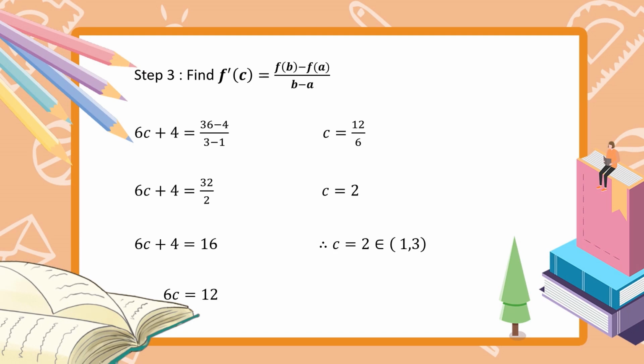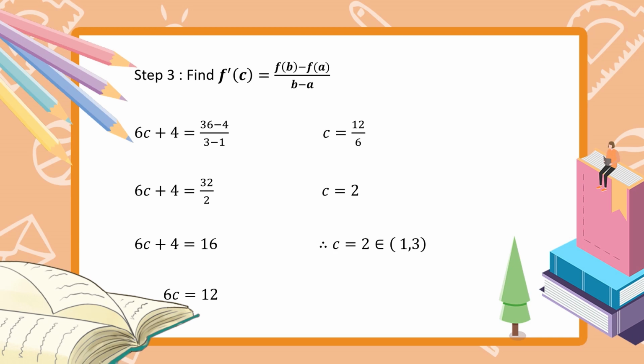And move to the last step, we apply the mean value theorem formula, which is f prime c equals f(b) minus f(a) over b minus a. As we have the answers from steps 1 and 2, now we simplify the equation: f prime c is 6c plus 4, equals f(b) minus f(a), which is 36 minus 4, divided by b minus a, which is 3 minus 1.